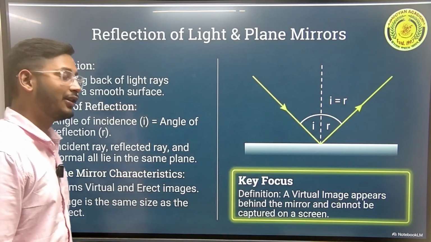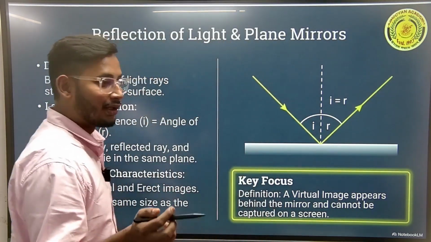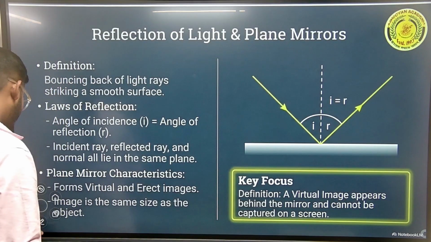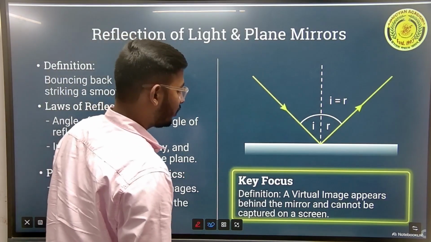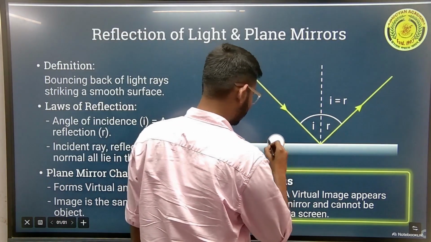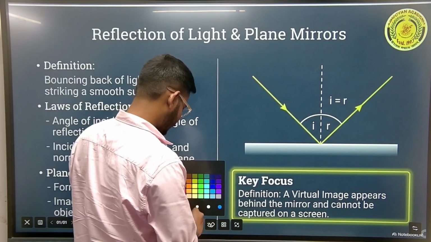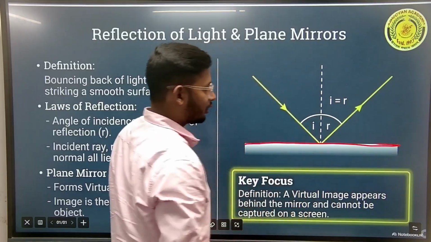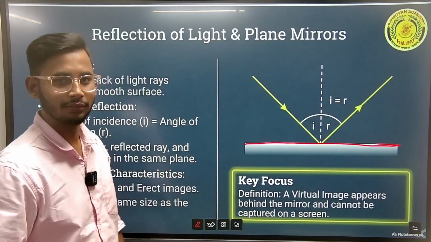Now let's see what is the angle of reflection and what is the angle of incidence. Let's say this is a surface. Commonly for reflection we use a mirror as a surface.